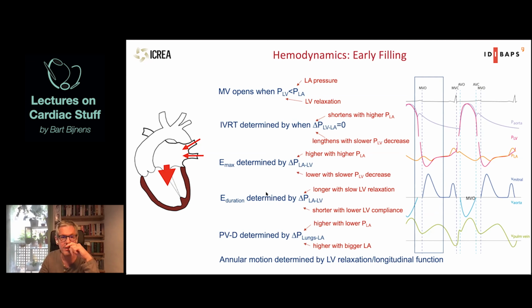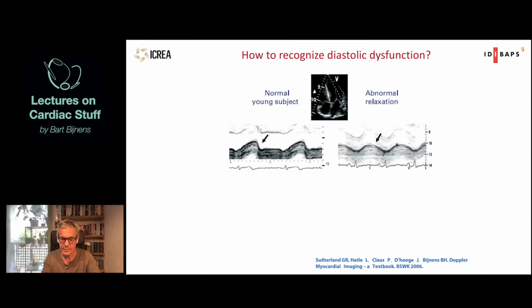The duration of it also is determined by a combination of the pressure difference, but also by how fast the volume can increase. And how fast the volume can increase, of course, depends on the tissue properties. So both the intrinsic relaxation and the intrinsic elasticity of the tissue in some ways. And then we get information from the pulmonary vein flow, because again, this tells us something about left atrial pressures as well as some of the right side ones.